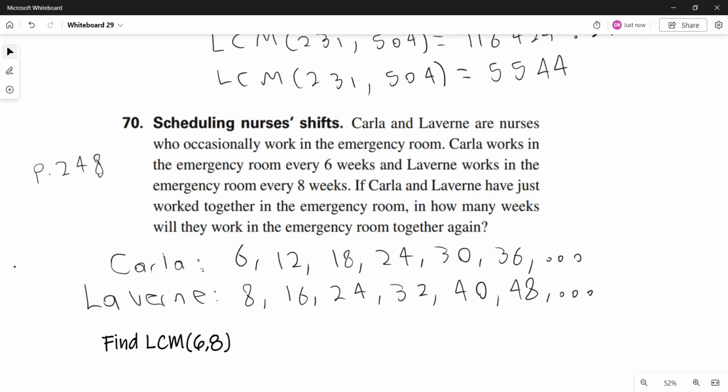So these were smaller numbers. Fortunately, we can just find the least common multiple and greatest common divisor by listing the numbers one by one. And we can see that the least common multiple is 24.